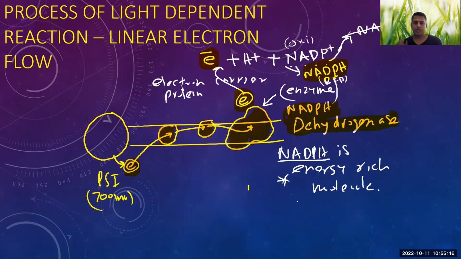And in PS1, it is less complicated. Electrons move to the NADPH dehydrogenase complex, and the energy rich electron is incorporated into the NADPH molecules. NADPH has energy.